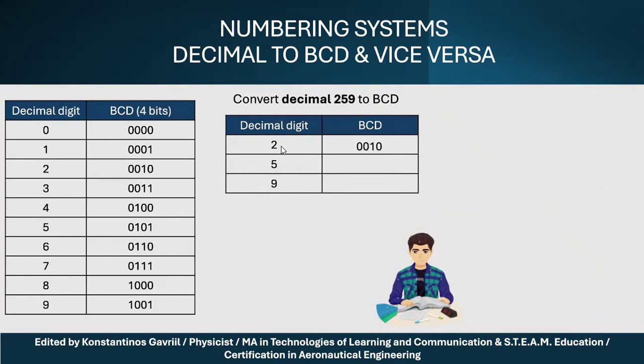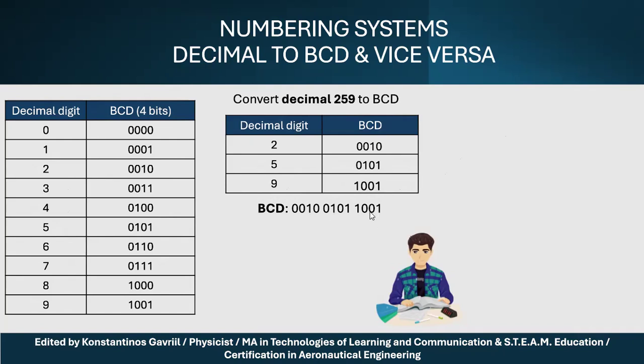Okay, number 2 is 0010, as we can see here. Number 5 is 0101, we put it here. And number 9 is over here, 1001, and we apply it in this cell. So our BCD is this number. Please be careful here.